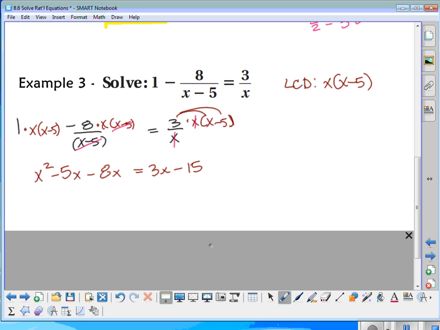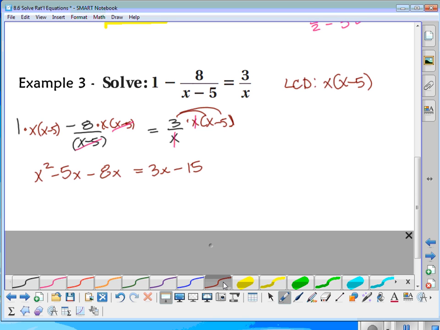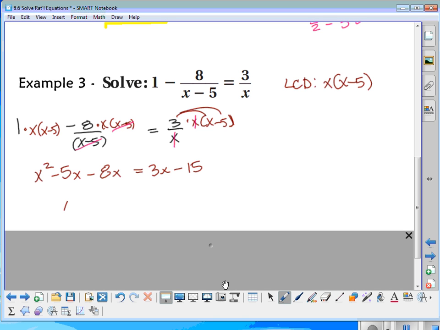So this time I have a quadratic. So what do we have to do when we have a quadratic? We need to get everything on one side, right? And make it equal 0. So if I combine my like terms and subtract the 3x and subtract the 15, I end up with x squared minus 16x plus 15 equals 0.